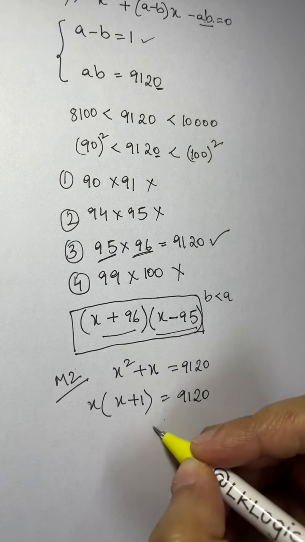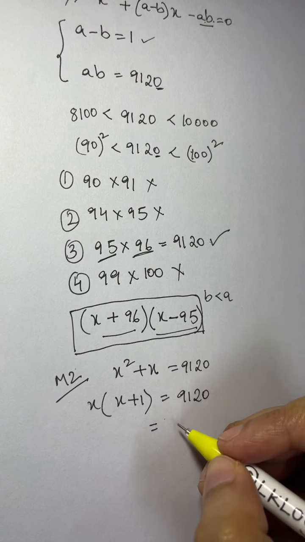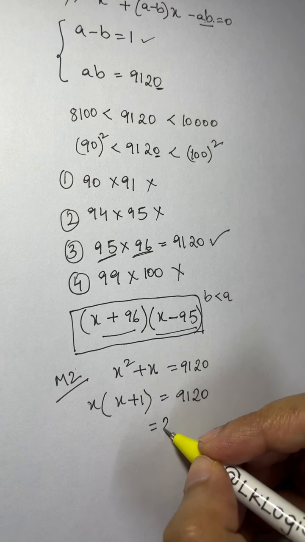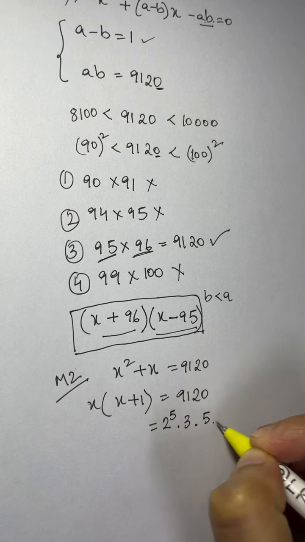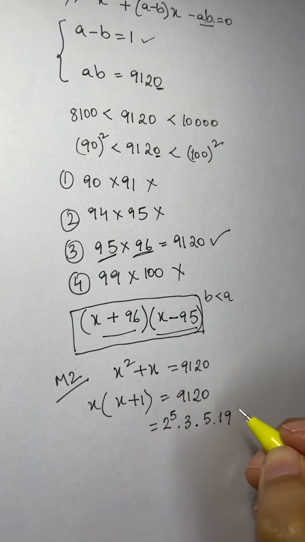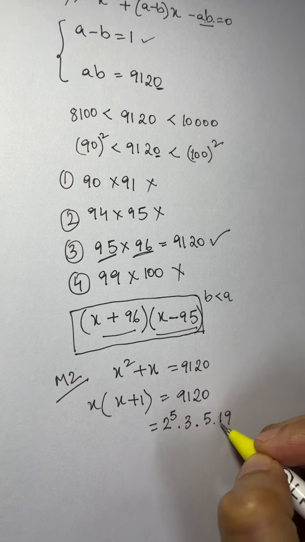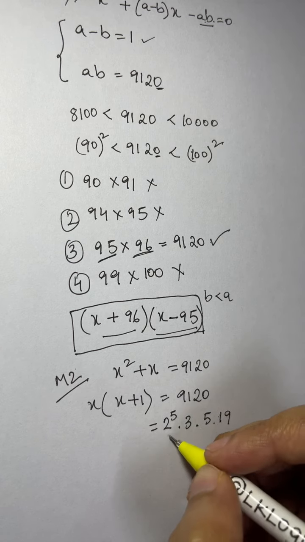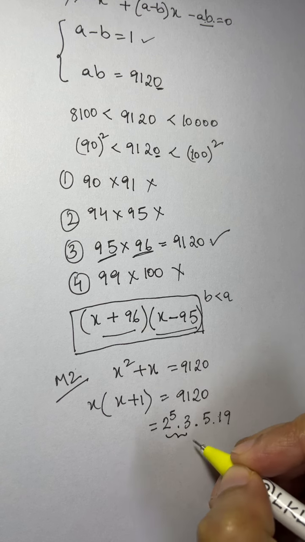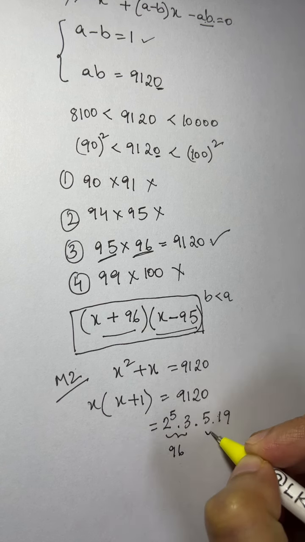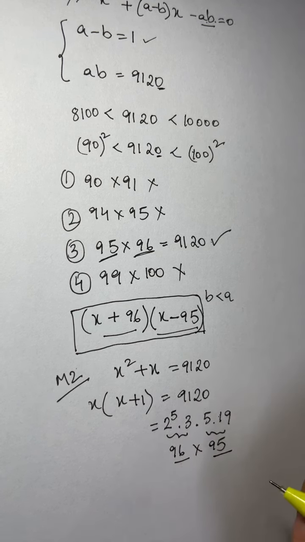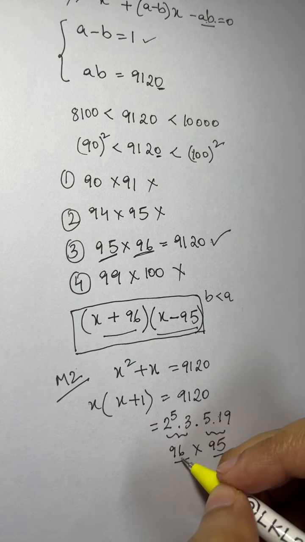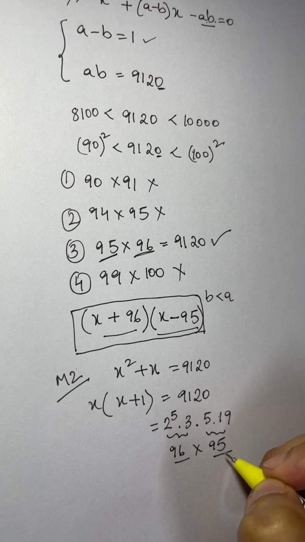Here 9120 can be broken down into 2 to the power of 5 times 3 times 5 times 19, using the ladder method. Now 2 to the power of 5 times 3 is 96, and 19 times 5 is 95. So 96 times 95, you get the factors easily.